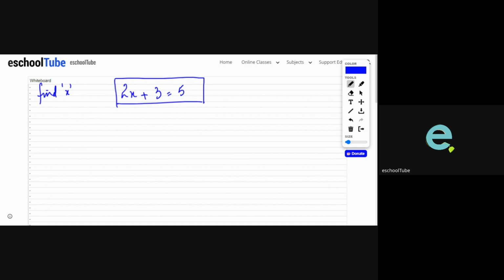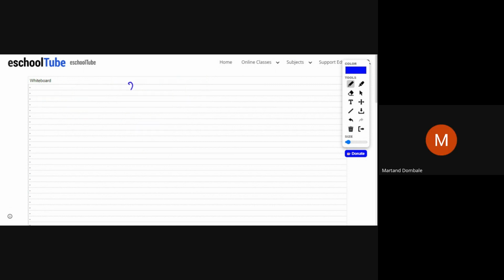That means you are saying x is equal to 2. If you put x equal to 2, left hand side कितना हो जाएगा? 2 into 2 plus 3, 4 plus 3. Is this equal to 5? No, sir. That means your answer is not right. Sir, 1. I think so. No, you have to solve it.